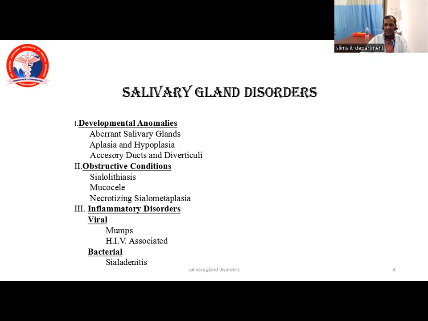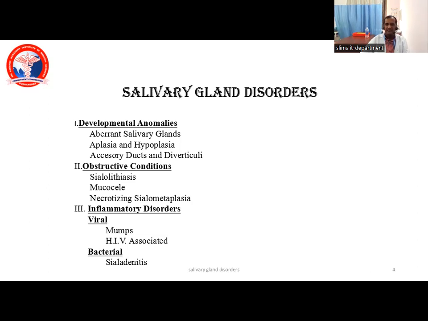This is with regard to any obstruction in the salivary flow. The third one is your inflammatory disorders. As I told you, due to any viral infection, most commonly the mumps and HIV associated salivary gland viral infection. Your bacterial infection can end up with sialadenitis.